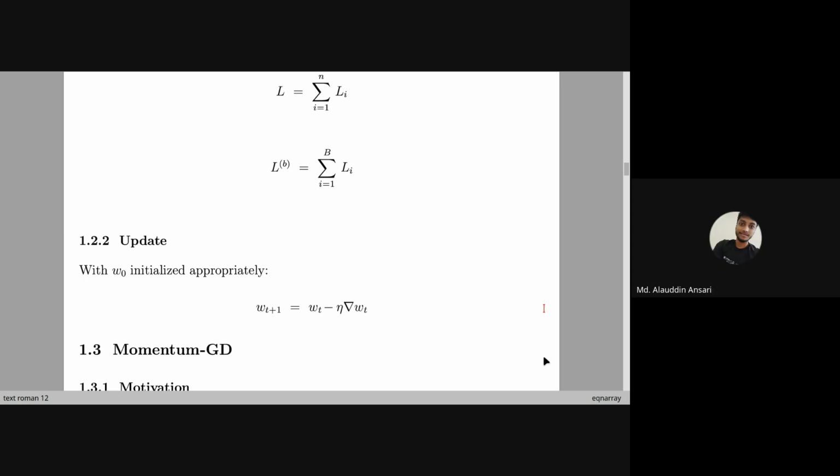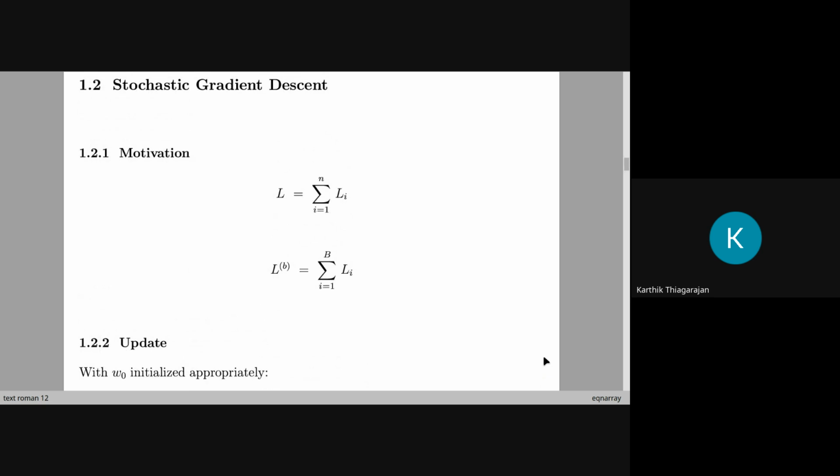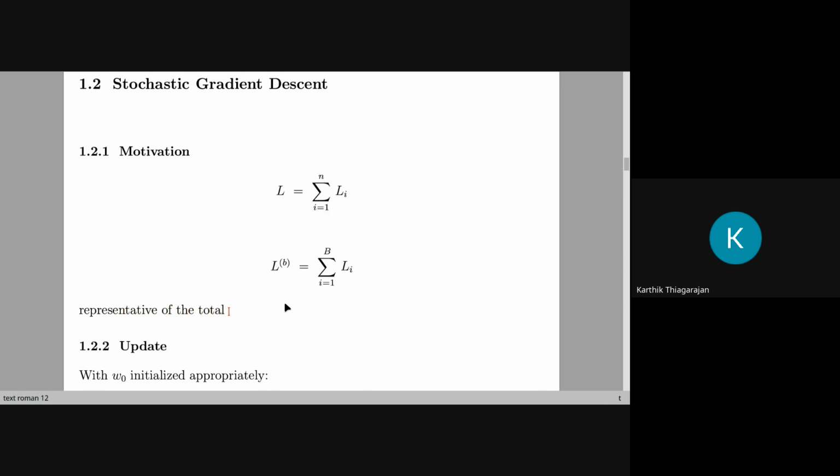But in both, we are trying to achieve the same goal. What we are trying to do is approximate L using LB. That's our goal. We want a batch that is representative of the total loss.